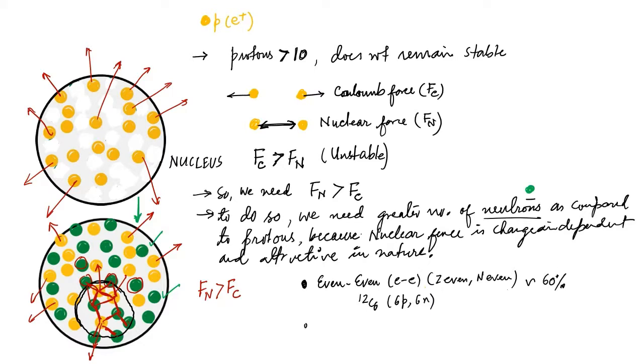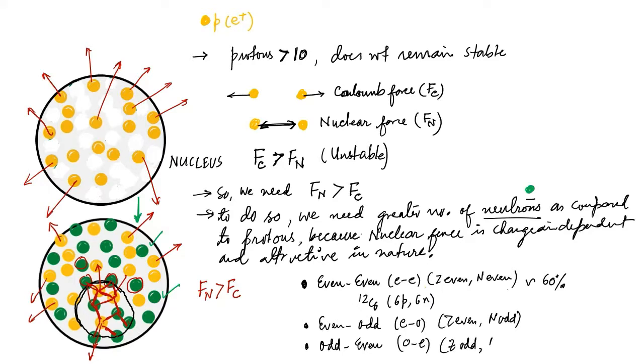Then we have the even-odd system, represented as EO, in which Z is even and N is odd. Then we have the odd-even system, OE, in which Z is odd and N is even. These exist in roughly equal numbers.